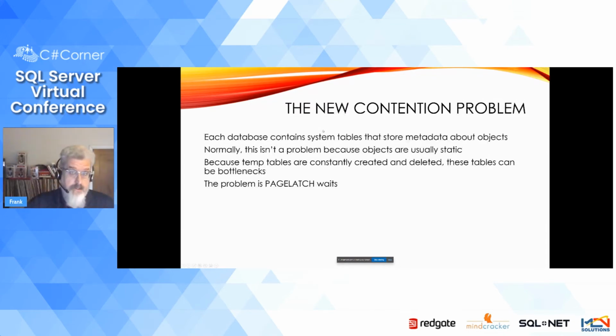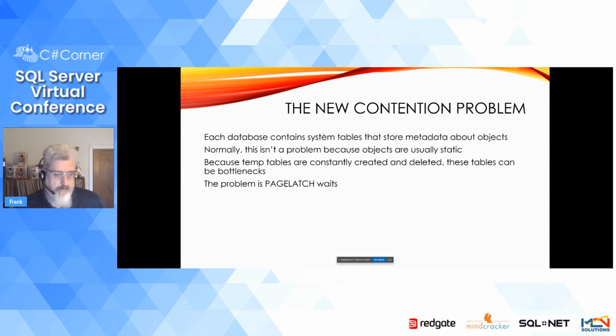And that new contention is that as you are creating and deleting those objects, there are system tables that store metadata about those objects. Once again, this isn't usually a problem because those objects are static in a user database, but because the tempdb tables are constantly created and deleted, you can get a bottleneck.